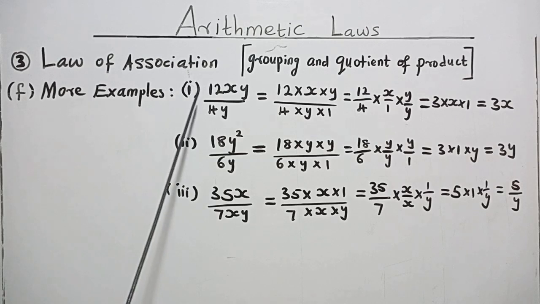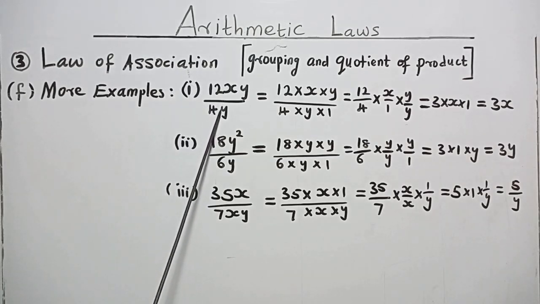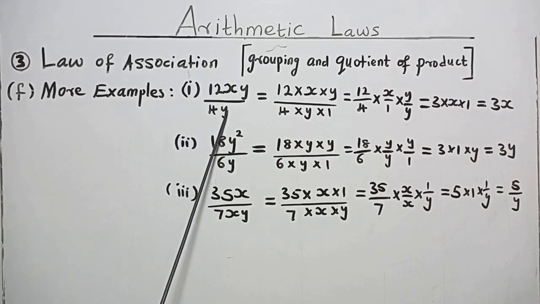If you now watch the divisor, we have 4 times y. We have only 4 and y. Only 2 participants. From my earlier statements and clarifications, I said that the number of appearances of numbers in the dividend and divisors must be equal. If not equal, confusion will arise. That statement is good for all beginners.